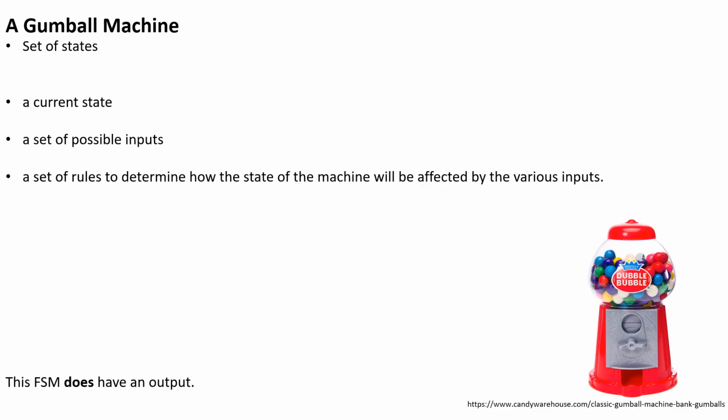Now we're going to look at a gumball machine and see if we can come up with a finite state machine that would represent what's happening with this gumball machine. Now, here you see a picture over here of this gumball machine. If you remember what happens when you're trying to use one of these, you put in a coin or more than one coin, and then you have to go one step further by twisting that little knob.